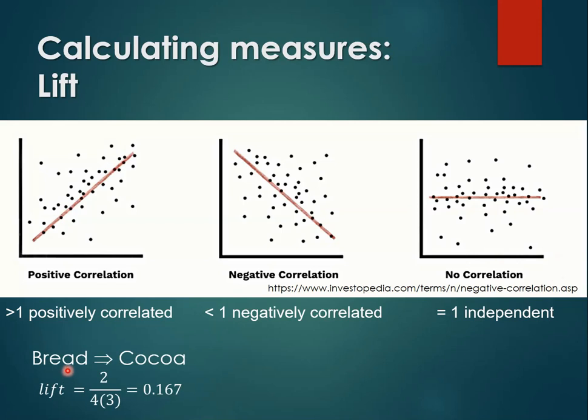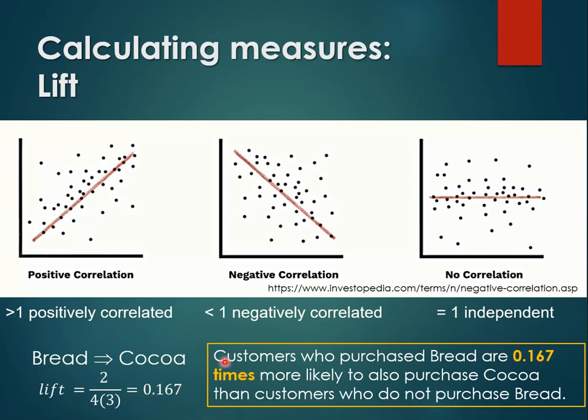So for this rule, bread implies cocoa. 0.167 is less than 1, so it is negatively correlated. To interpret this lift, customers who purchase bread are 0.167 times as likely to also purchase cocoa as customers who do not purchase bread, which is not very good, since it is less than 1.